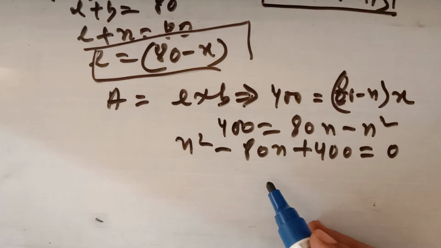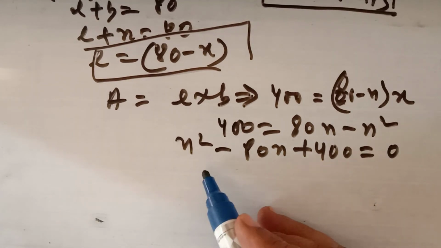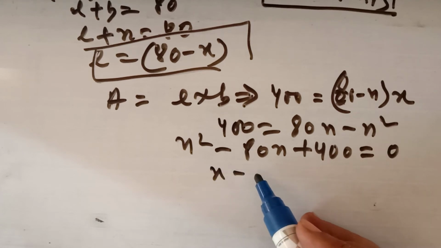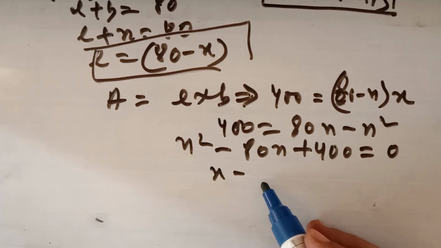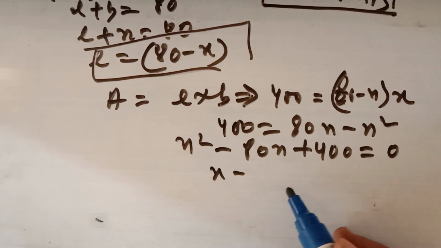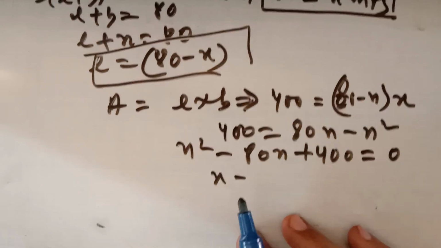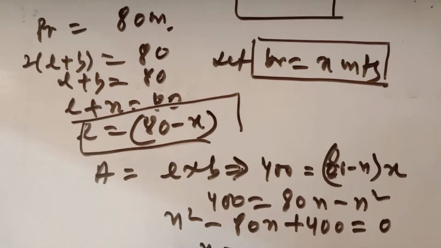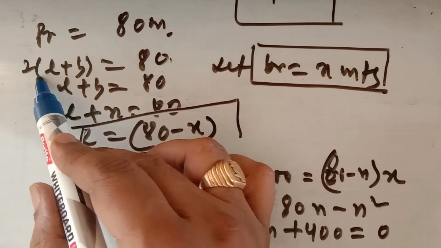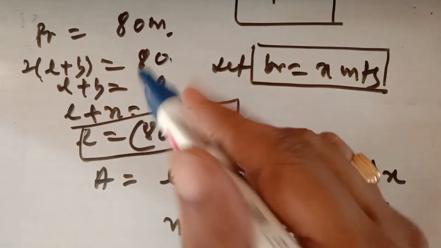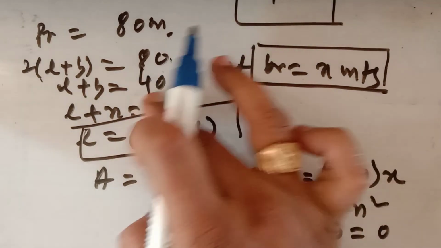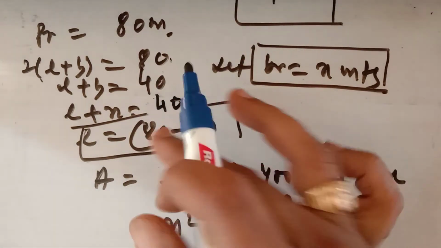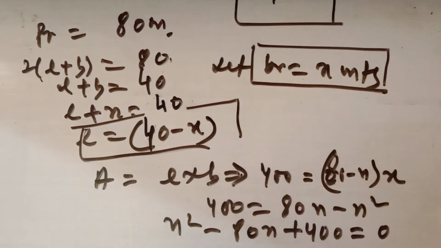So when you are solving it, you can solve it by using the quadratic equation formula. The quadratic equation you are getting as, see it carefully, I have done some mistake here, 80 divided by 2, that is 40.